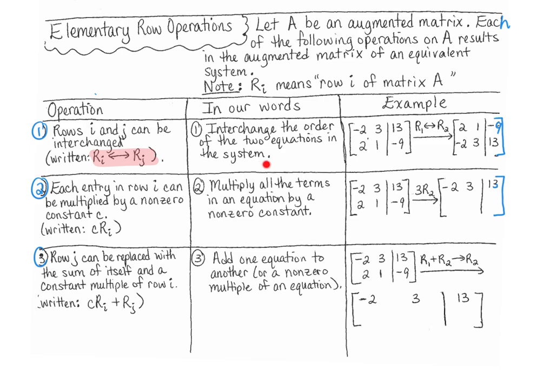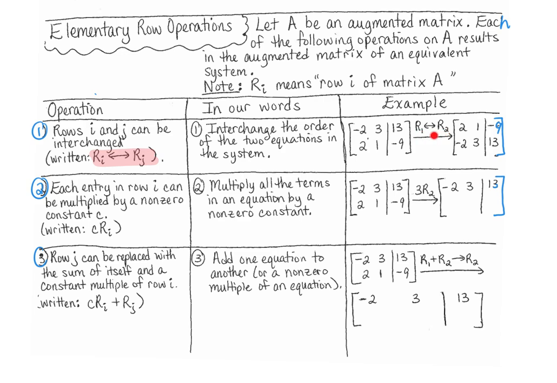As an example, given this system of equations, or given this augmented matrix, we have -2, 3, and 13 in row 1, 2, 1, and -9 in row 2.